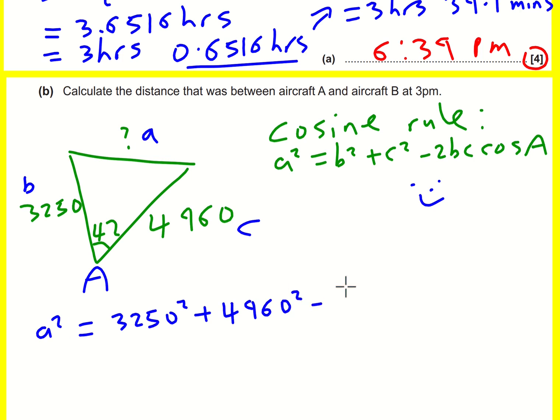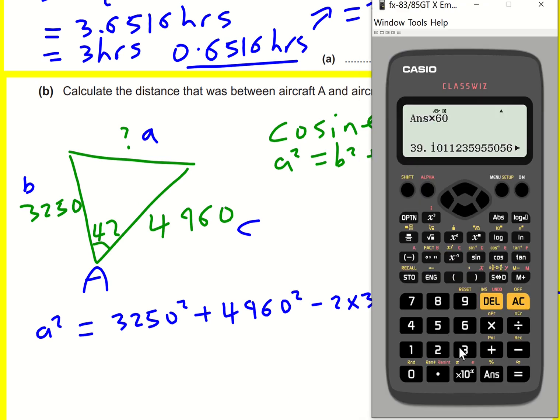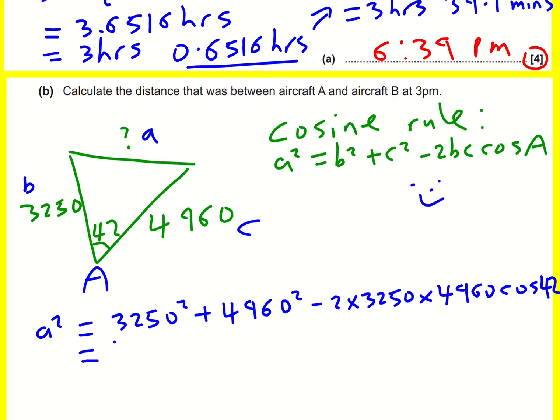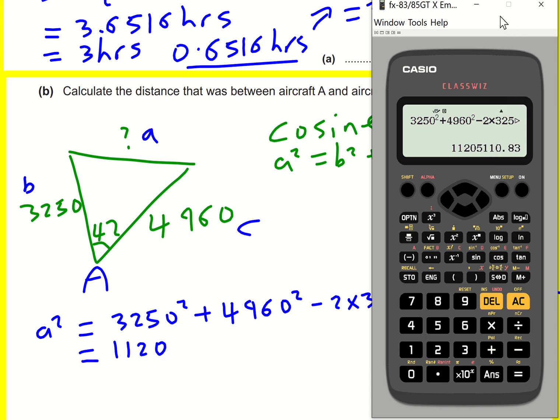Just substituting in these values. And finally, cos 42. 5110.8.